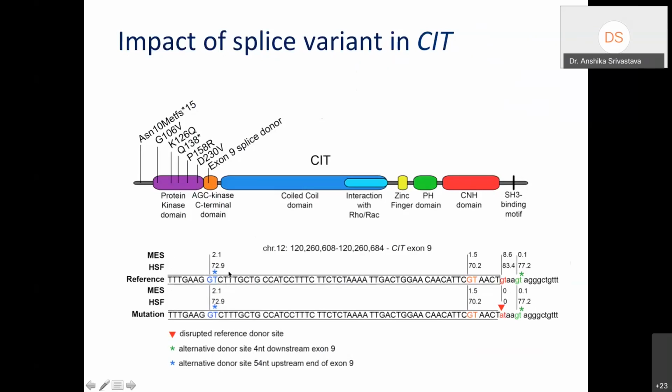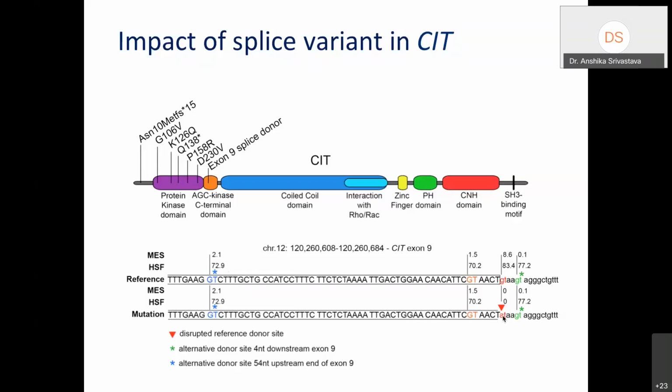The 72.9 is the score of the nucleotide. That means at this site, it is 72% confident to have T at this region. This is the splice site. Similarly, over here in orange, there is the splice site, and downstream, at the start of the intron, the mutation was G2A. Here it is highlighted as a disruptive difference donor site.